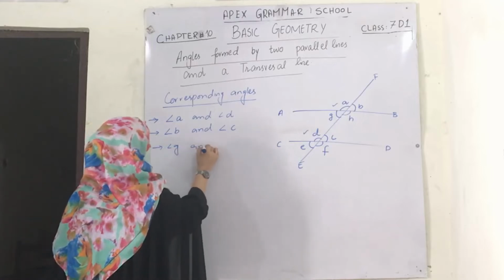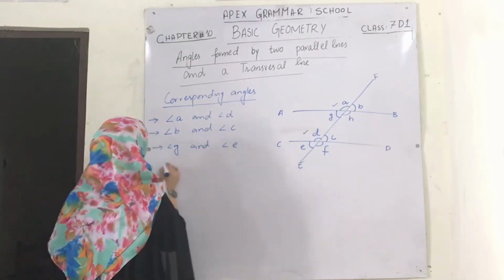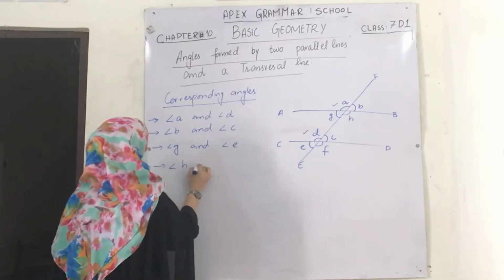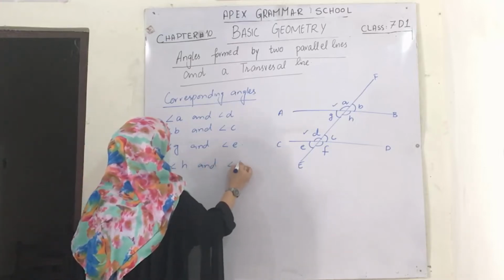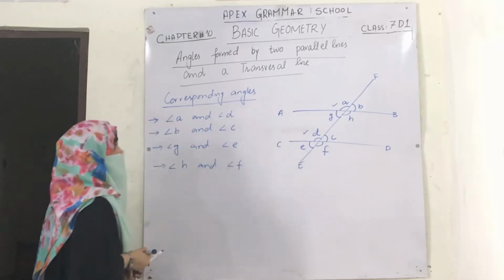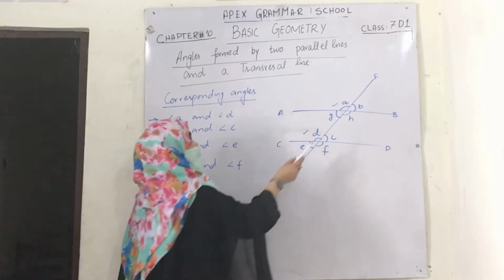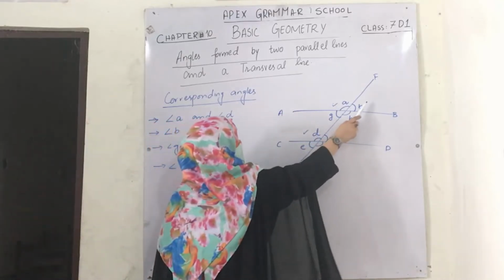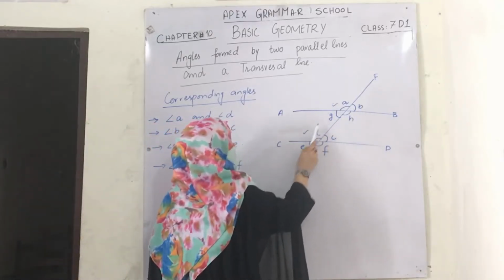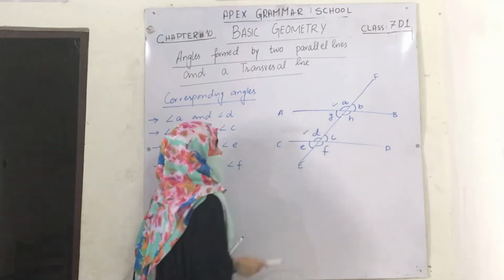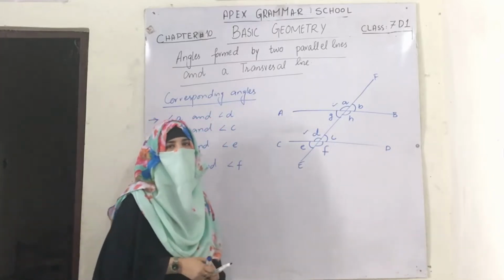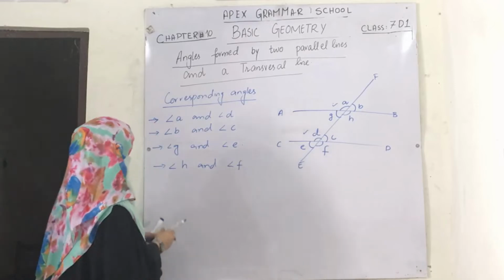Angle G and angle E are corresponding. Angle H and angle F are corresponding. So we are having many corresponding angles over here, which are A and D, B and C, G and E, H and F. So we are having 4 pairs of corresponding angles.